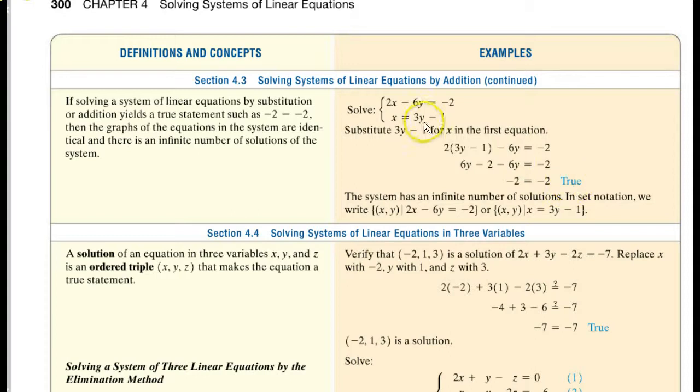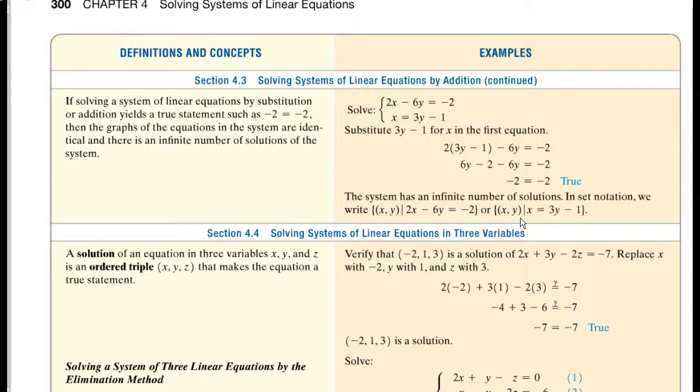Yes. Well, these are actually the same equations, but modified in terms of algebra. And when you write the answer, it's usually written in set builder notation. x comma y is such that you write one of the equations. And that's what they're illustrating here.